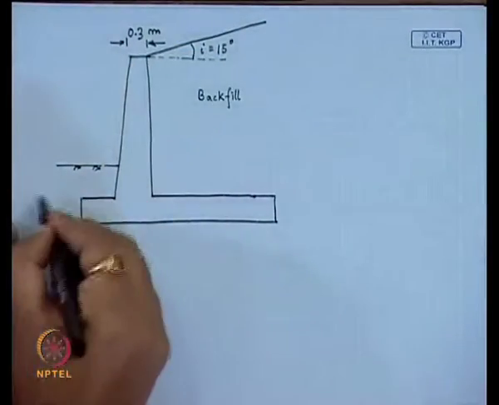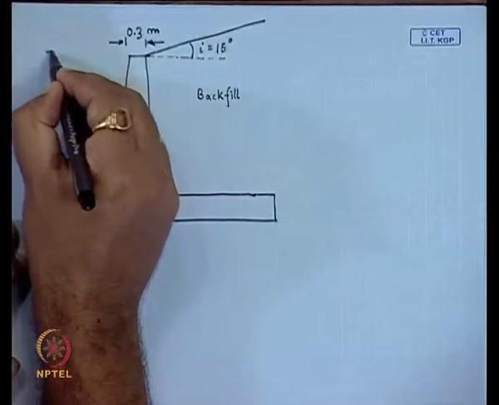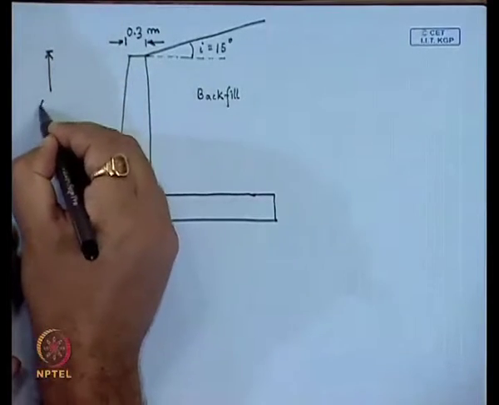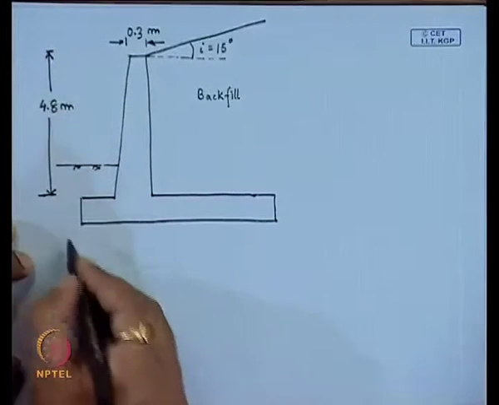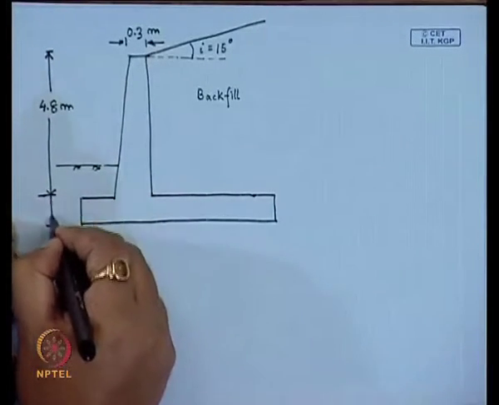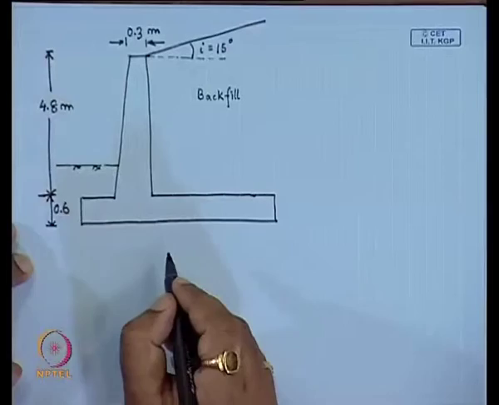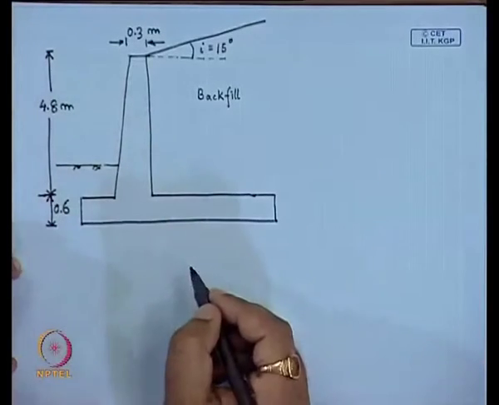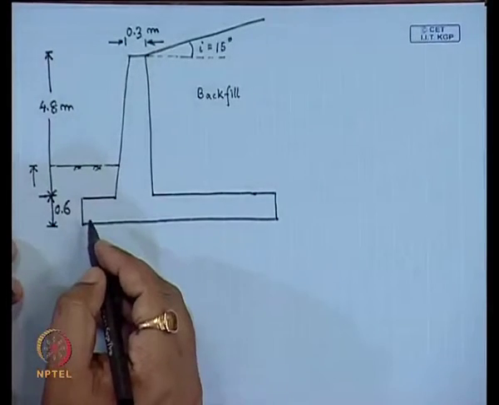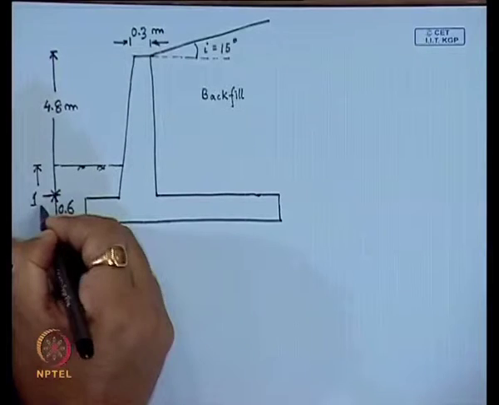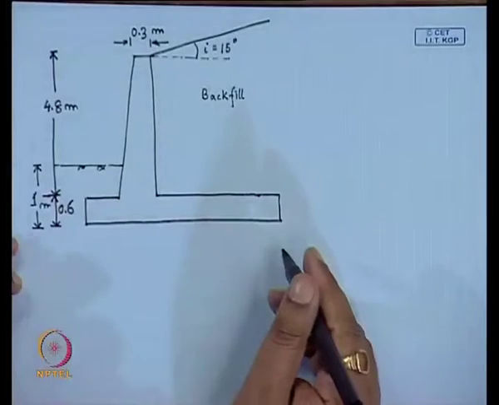The height of this retaining wall from here to here is 4.8 meter, and the thickness of the base slab is 0.6 meter. The total distance below this ground level to the base of the slab is 1 meter.